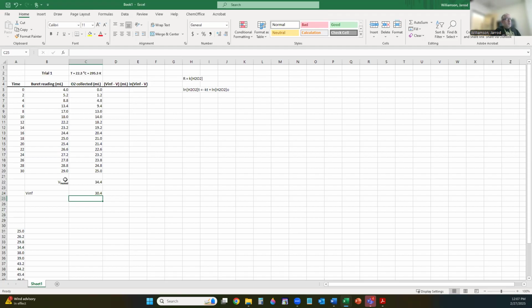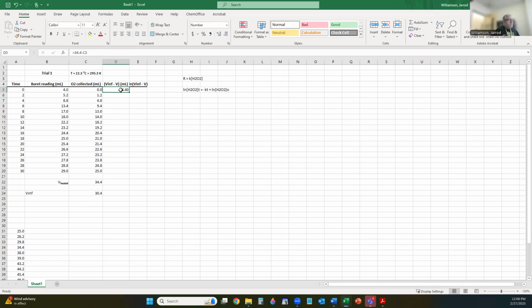Okay, guys? So over here, V infinity minus V is going to be 34.4 minus this term right here, C5, because it's the amount of O2 collected. So I'm going to go minus C5. Oops, I've got to put in the equals sign. And it gives me 34.4, one too many decimal places.